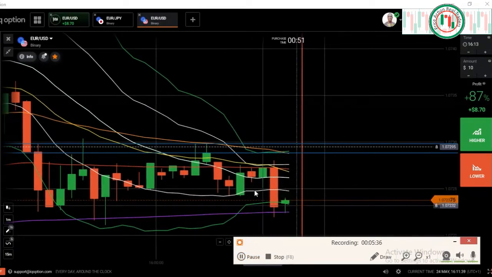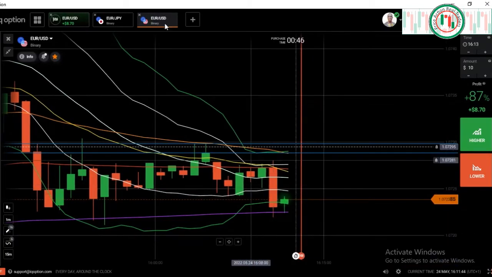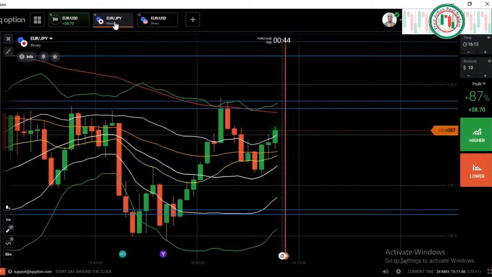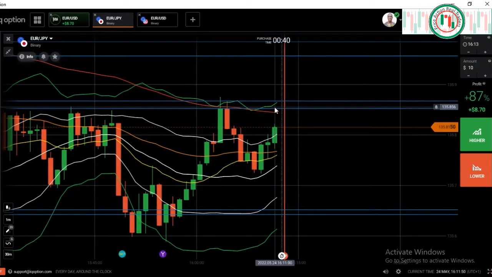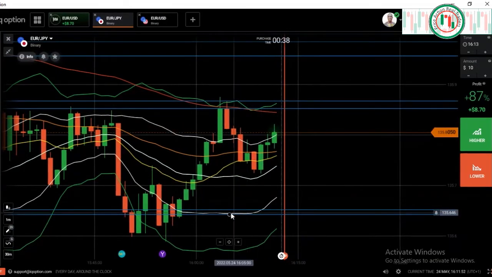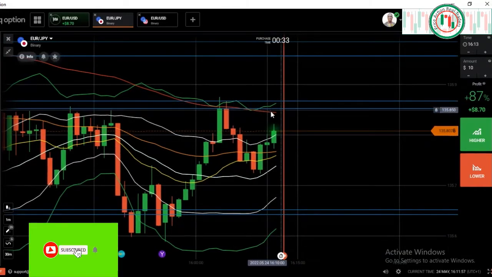So you see here market breaks this zone. Market is trying to reach this area. So if market reaches this zone, I will place my trade put option.